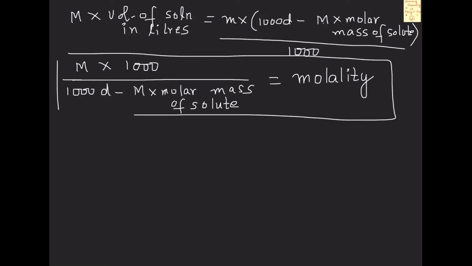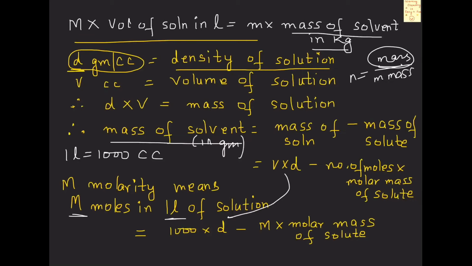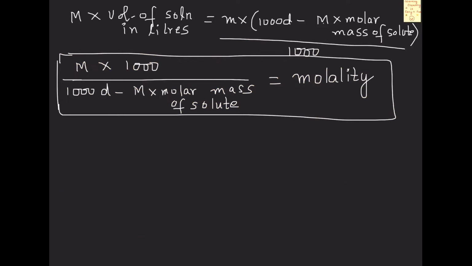Most of the places you will find this formula again. So, if you are a formula fan, you can go ahead and learn this formula and put the values. If not, then please apply the logic that we have used in the derivation over here in order to solve the questions related to it.